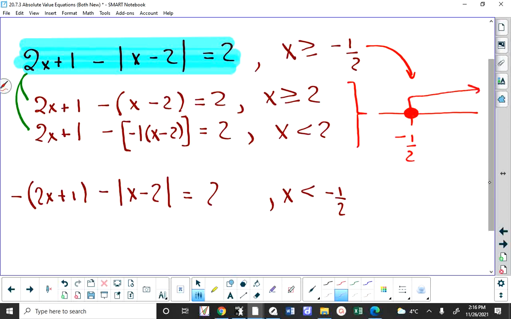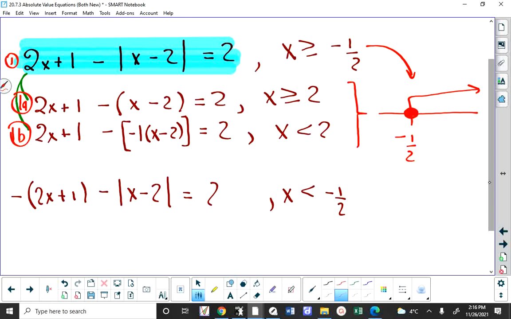Any solution to that blue equation has to be in this domain. When we separate out the blue equation, we get a subdomain for the first part. This is equation 1. Let's call this equation 1a. Let's call this equation 1b.